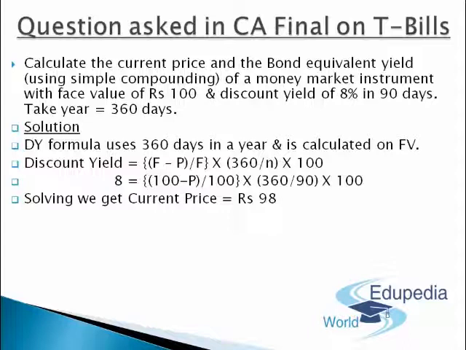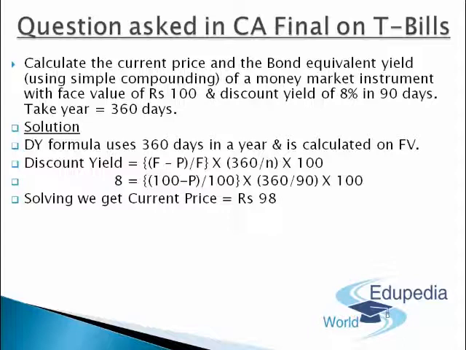We have already been provided with the discount yield, that is 8%. So we'll mention that on the left-hand side, which is equivalent to the face value, which is 100, minus the price which I've paid in order to obtain this treasury bill, whole divided by 100, into 360, whole divided by 90, because the same has been mentioned in the question, that is 90 days.